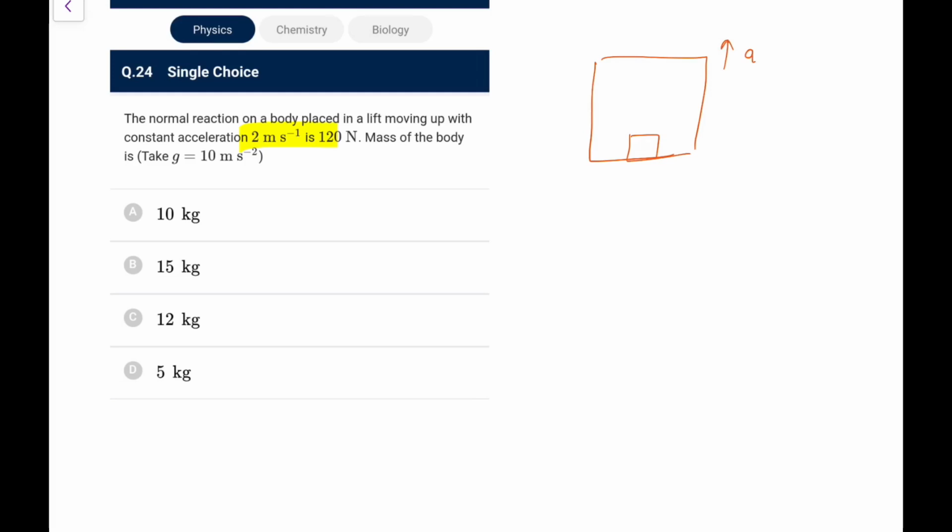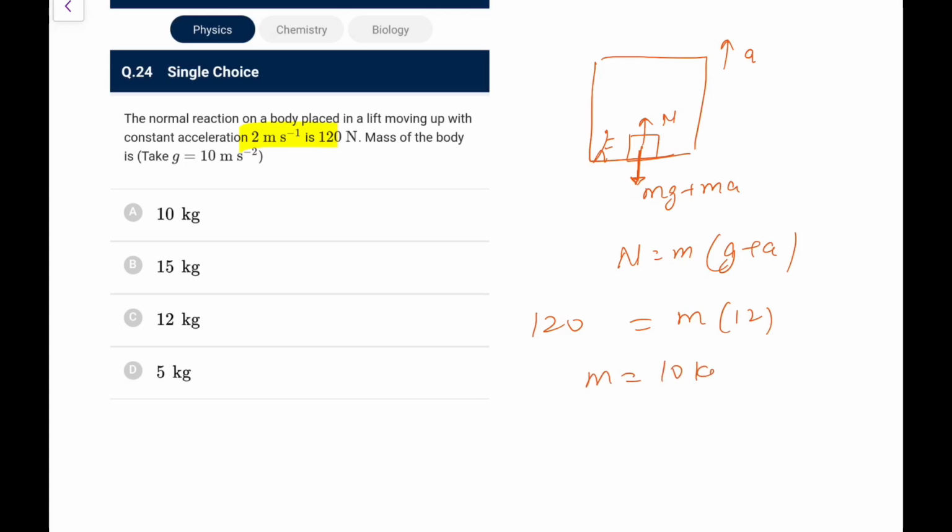Because it is going with acceleration a upwards, if I see in the frame of lift, it is stationary, and this would be mg plus ma, and this would be normal, so normal will become m into g plus a. So what we have, 120 is equal to m into 12, so m comes out as 10 kg for you. So the mass of the object would be 10 kg as per this. Okay, so option A is the answer.